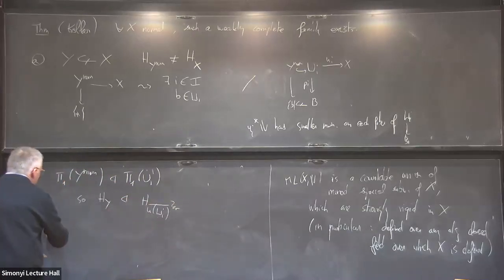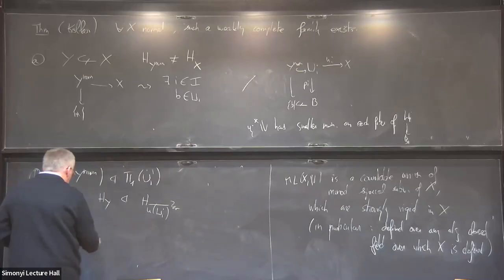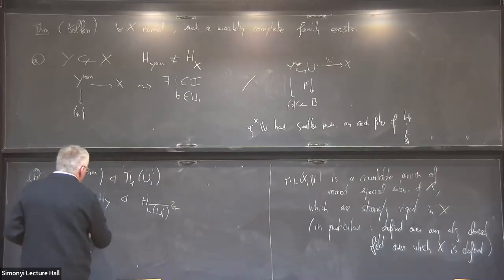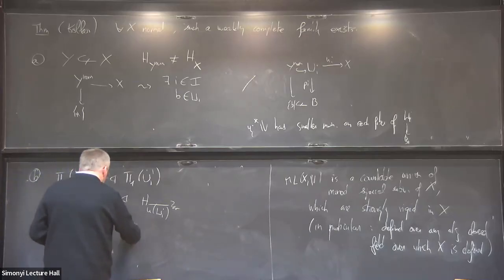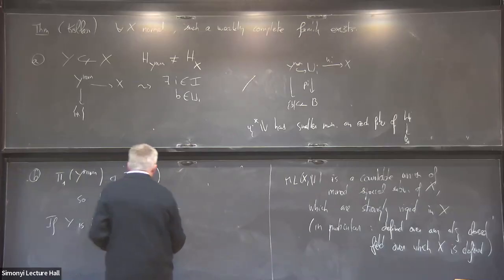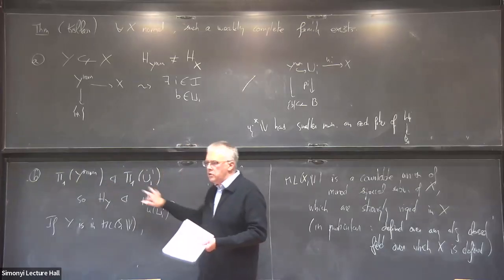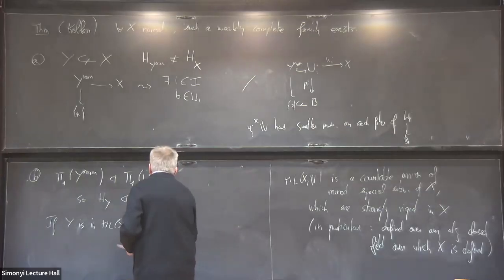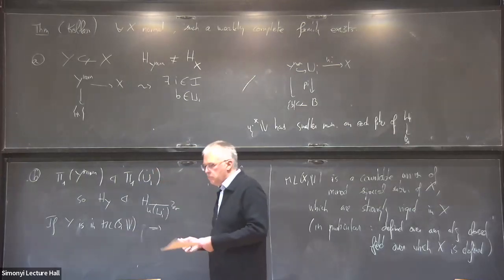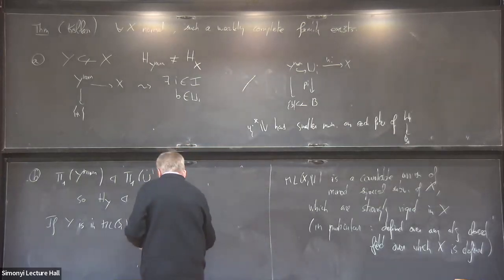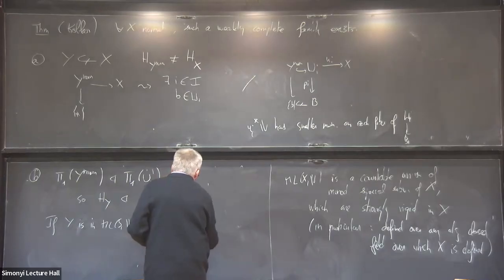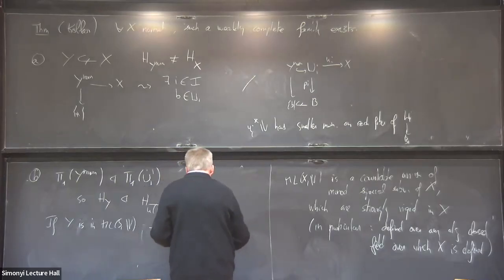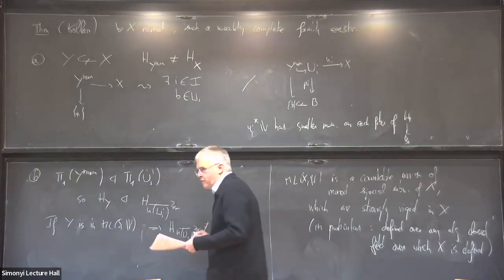So now if Y is in the small monodromy locus, then what do you know? Well, you know that this guy is not contained in a strict normal subgroup. So first of all, you get that this guy has to be different from the full group.